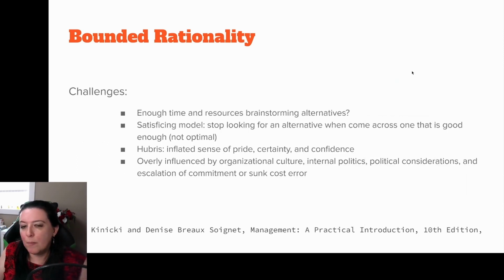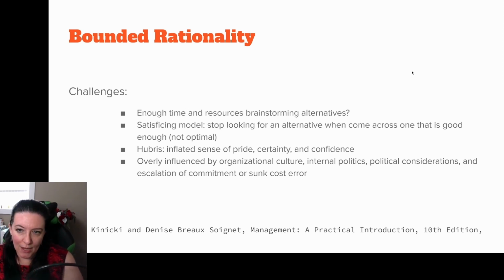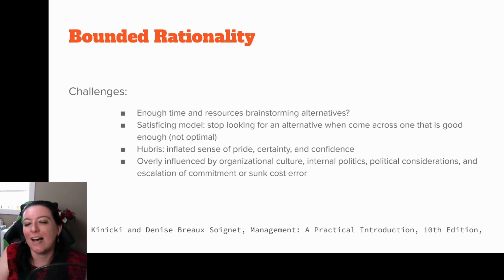And because we are not truly rational, we have bounded rationality, we are biased. And the solutions we come up with are going to be limited. We don't have enough time and resources to brainstorm all the alternatives. We use satisficing. Satisficing is when you stop looking for an alternative because you've come across one that's good enough, not the optimal solution, but good enough.